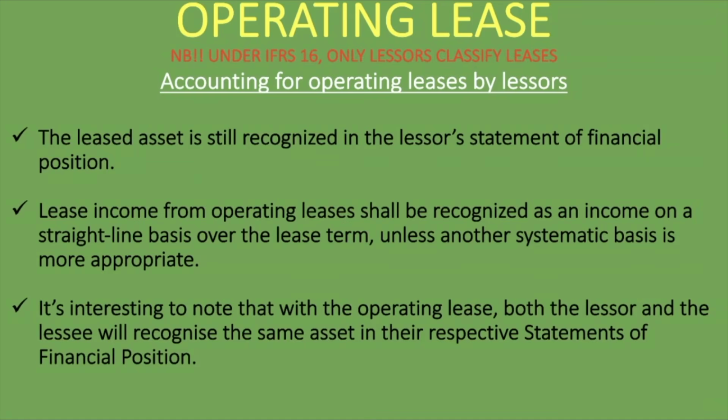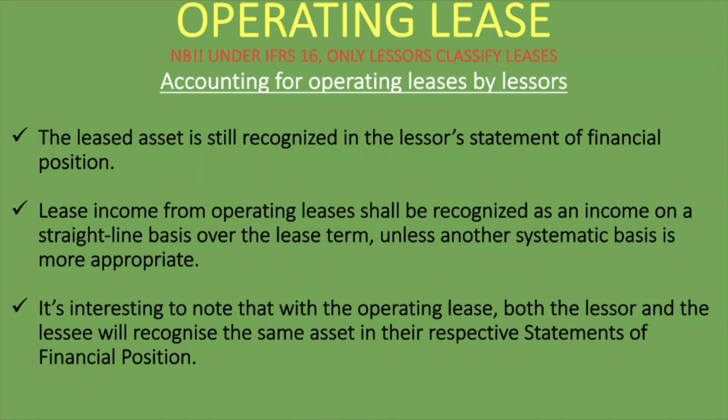But the lessee does not classify the lease as either operating or finance. It treats all leases in the same way, as I'm sure you are aware by now, and it recognizes that asset as right of use asset in its statement of financial position. So you will note that the lessee and the lessor are recognizing the same asset in their statement of financial position. So that's an interesting note there with IFRS 16.